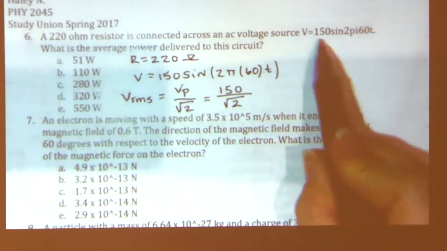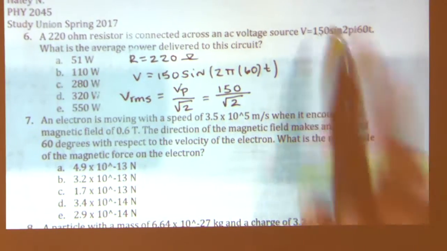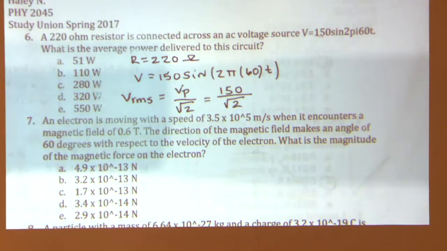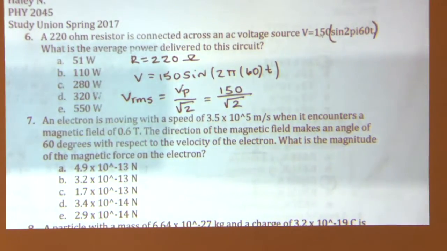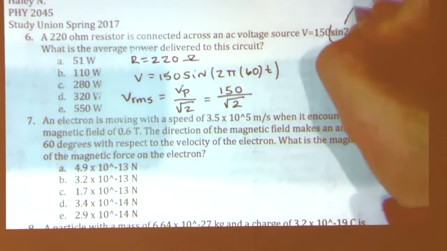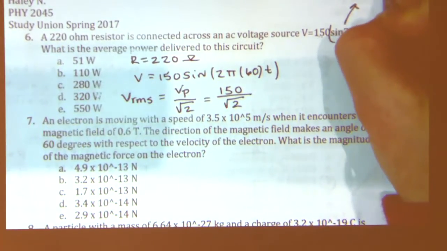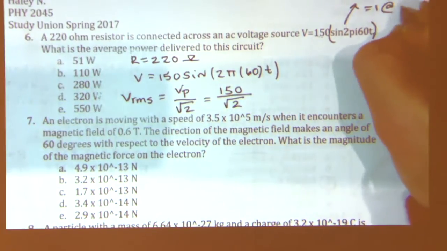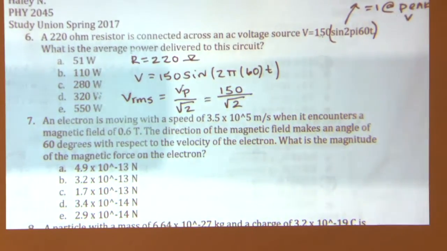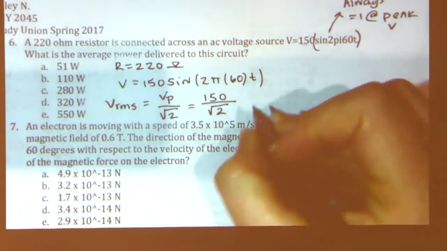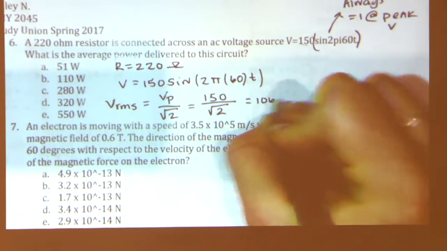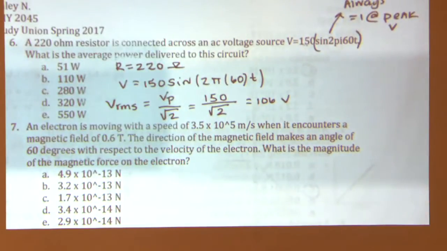Your V peak isn't this whole thing, it's just that 150, because at peak, this whole sine 2 pi ft will always equal 1. So when we do 150 divided by square root of 2, you end up getting 106 volts. And now that's our VRMS.